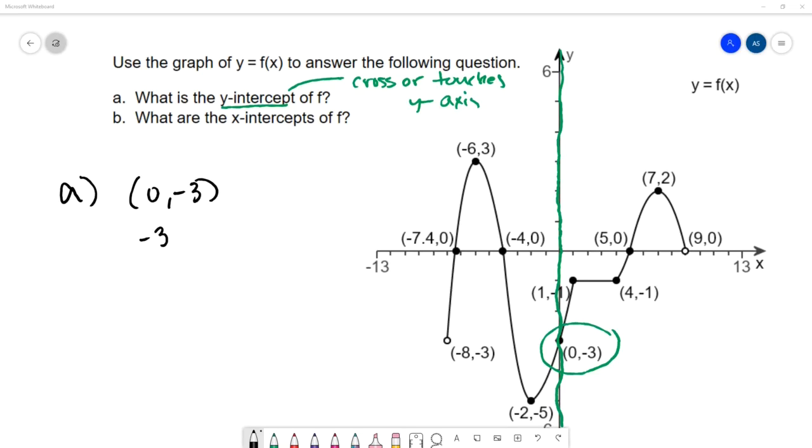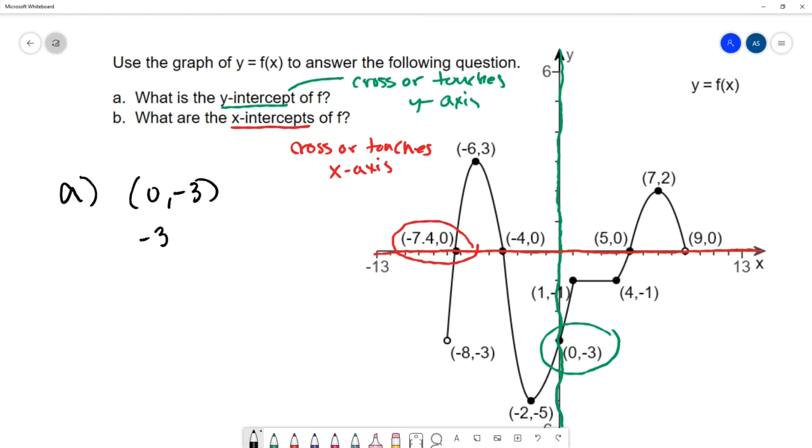Then what is an x-intercept? An x-intercept is where the graph crosses or touches the x-axis. So the x-axis is this horizontal axis. So we're looking for places where the graph crosses or touches. Here we have a point where the graph crosses.